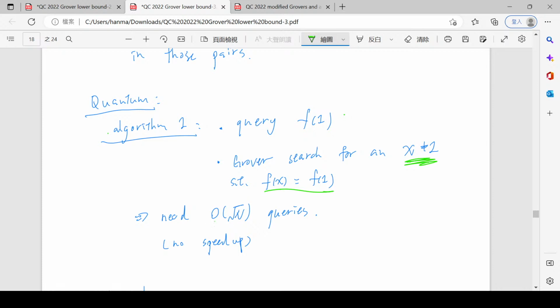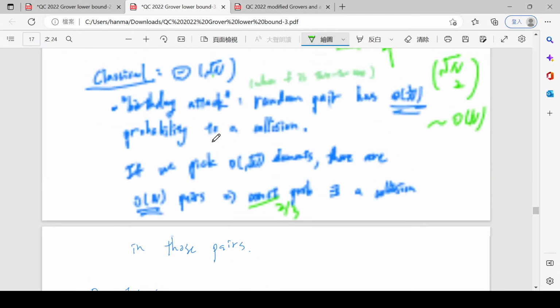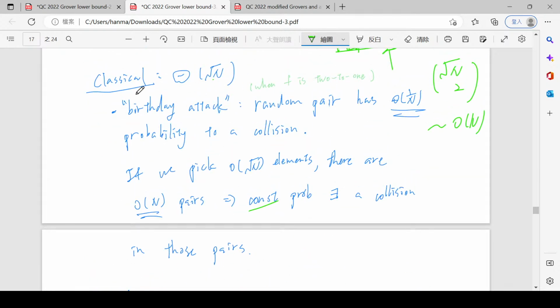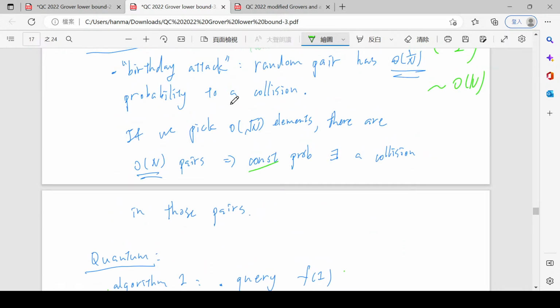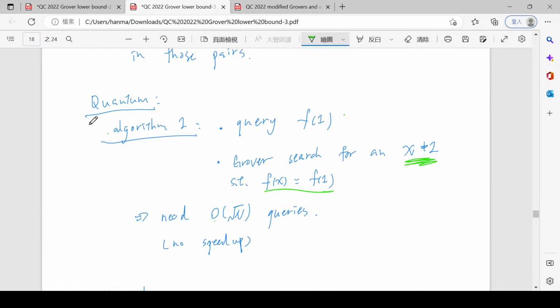That's a quantum algorithm, but it's a little bad because there is no quantum speedup, because we know classically we already have this order square root n algorithm just by this birthday attack.